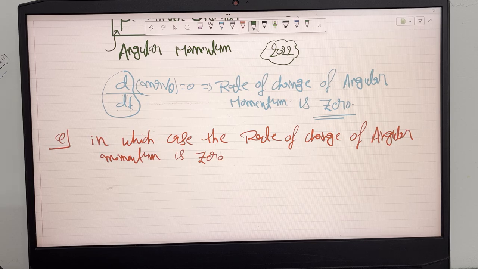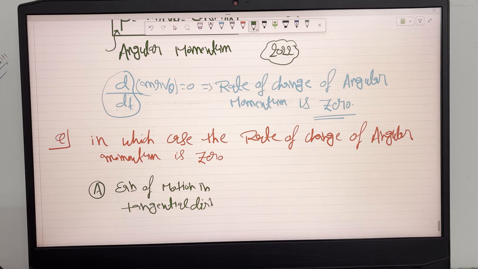The options are given: option A, equation of motion in tangential direction. Option B is given in radial direction.